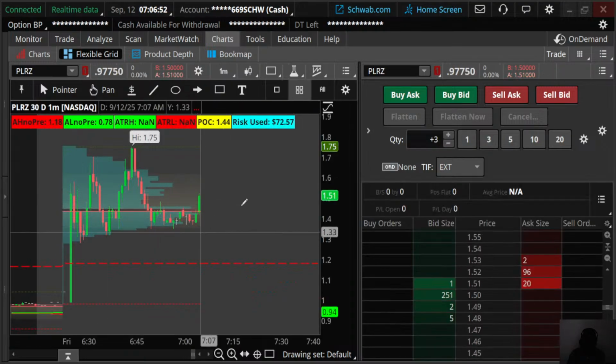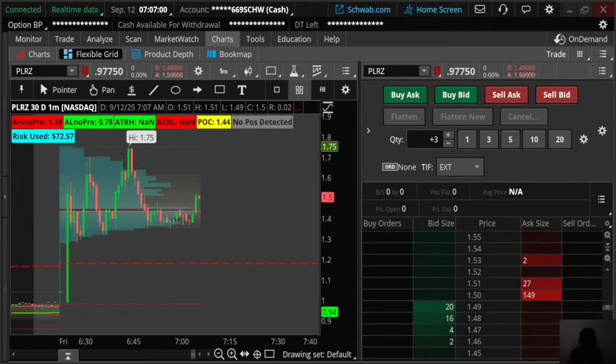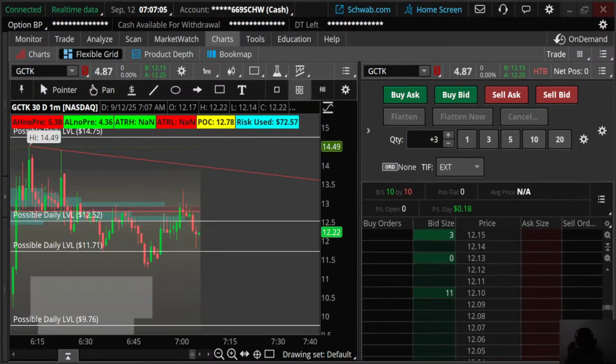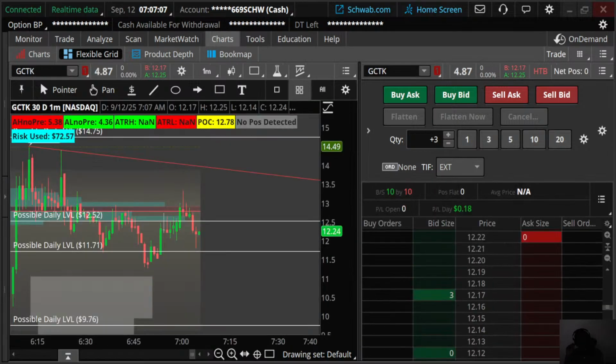PLRZ, I told y'all, man, this thing came up and took the day on the volume. If it continues to do this, it's now 2 million shares ahead of GCTK. And if it continues to do this, I'm gonna be sitting on my hands if GCTK doesn't want to act right. And it's been showing me that it don't want to act right.